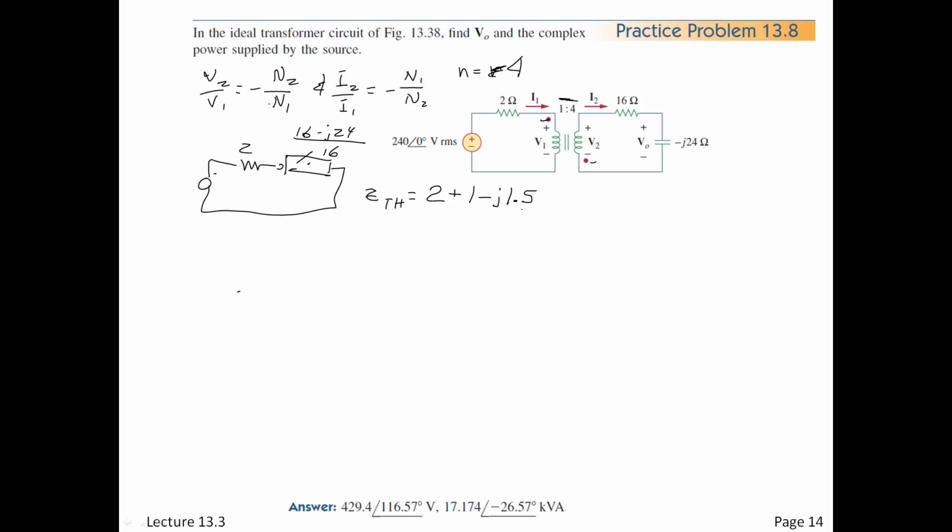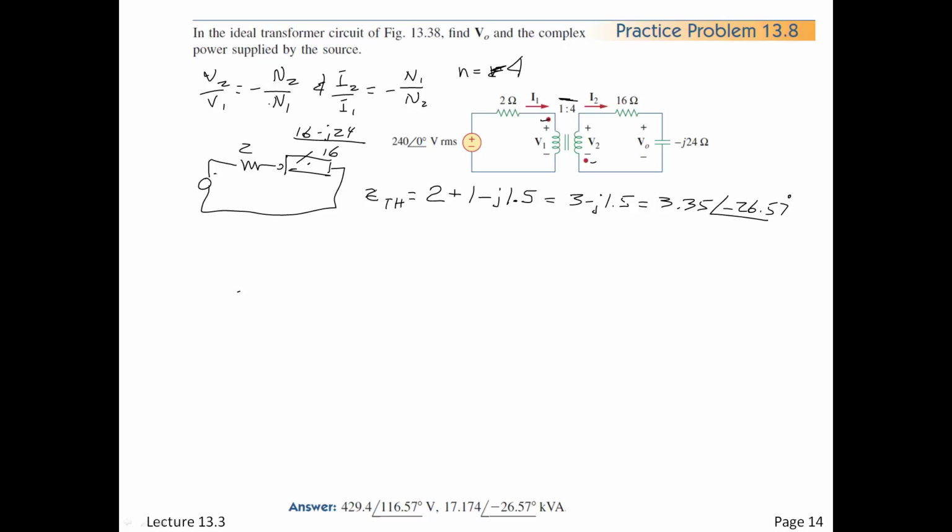Okay? So that's 3 minus j1.5. And I'm just going to go ahead and put that in phasor form. 3.35 at an angle of minus 26.57 degrees. Okay, that's our Z.